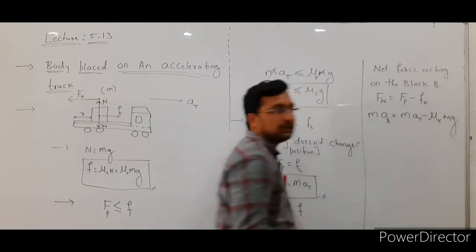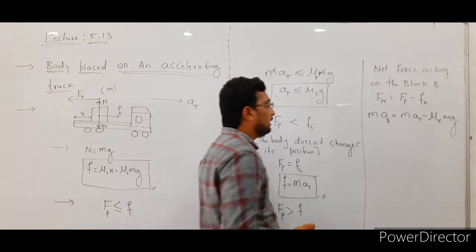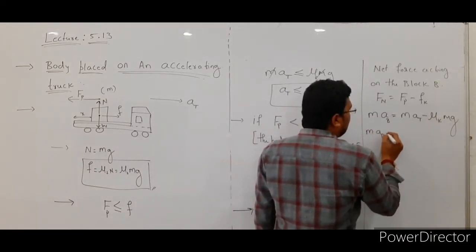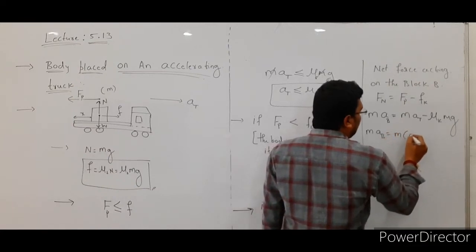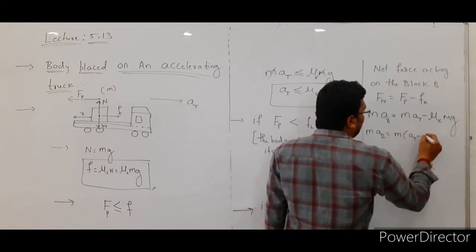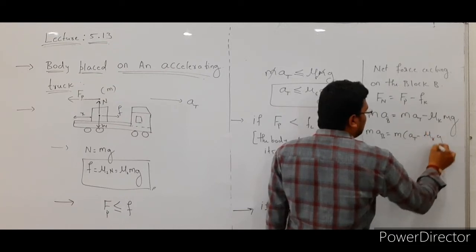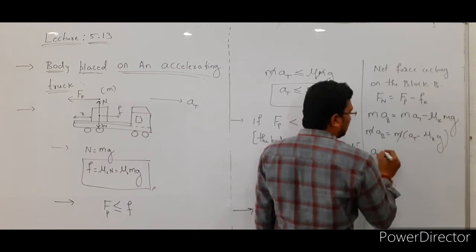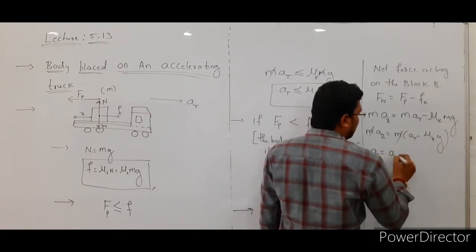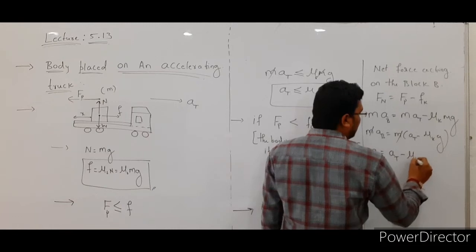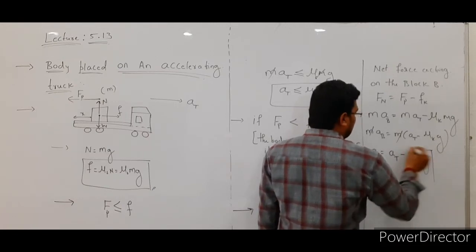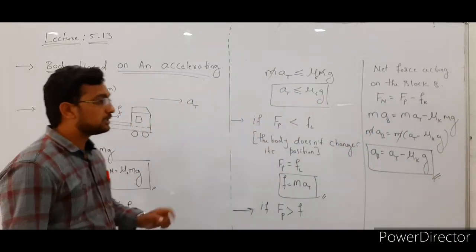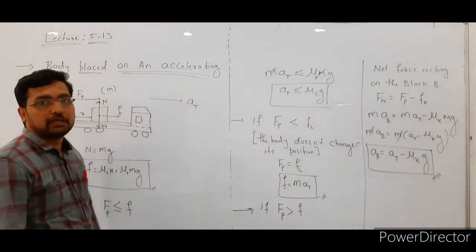Take m common: m A suffix B is equal to m times A suffix t minus mu suffix k into g. So the mass gets cancelled, then the acceleration of the block is equal to the acceleration of the truck minus the coefficient of kinetic friction into acceleration due to gravity. So this is the acceleration of the block.